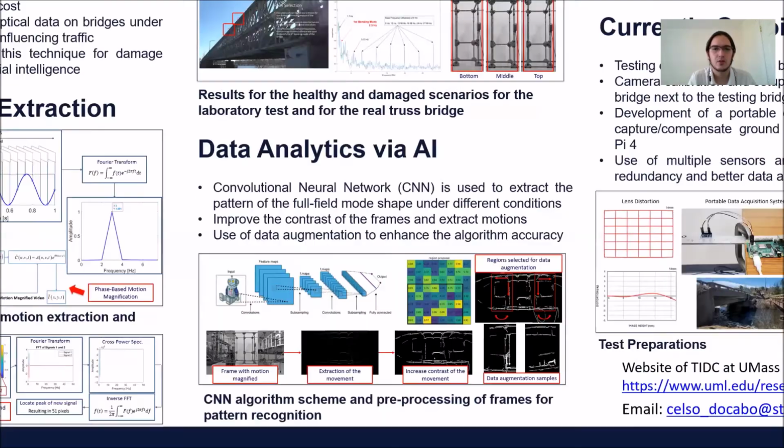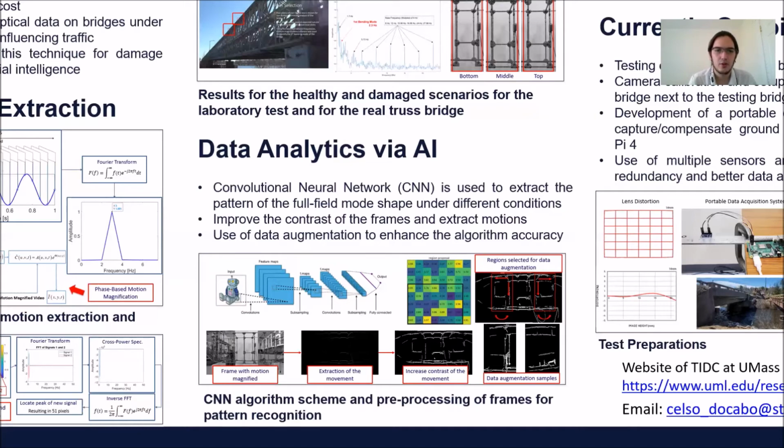Those other peaks are probably due to nonlinearities of the bridge or other types of excitation that's not traffic related, such as wind. So in order to increase the accuracy of the damage detection, we wanted to do data analysis via artificial intelligence. So for that, we're looking now to the mode shape instead of the natural frequency of the structure. And we're using convolutional neural network to extract a pattern of the full field mode shape under those different conditions.